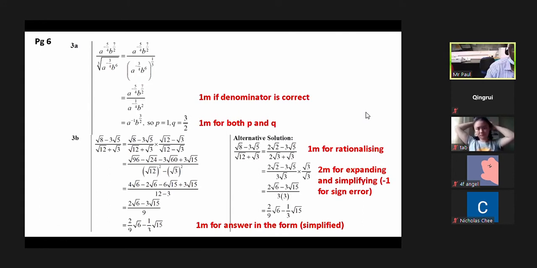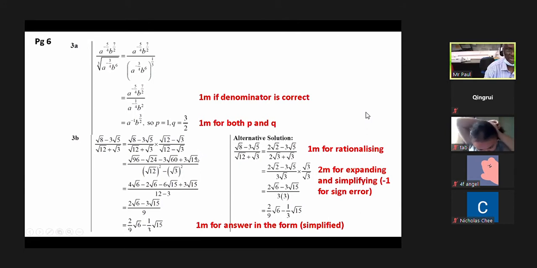Next one, number 3B. Okay, this is the method. What do you do? Square root 12 plus square root 3. You rationalize, which is your first method mark. So this is your first mark. As long as you rationalize with a minus sign, then you get 1 mark.